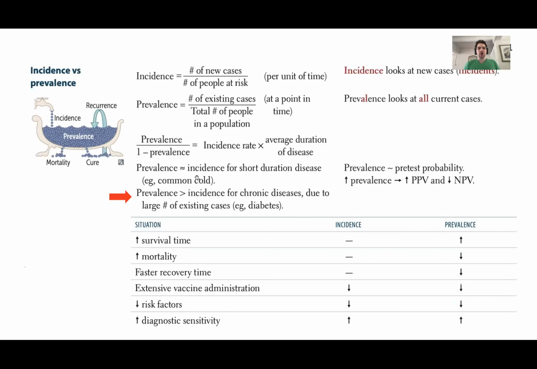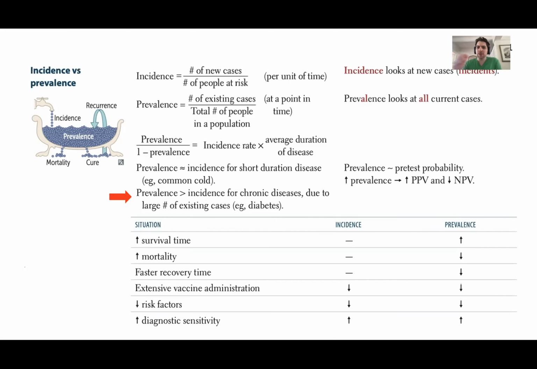Now, one of the situations you can have, this is important. So make sure y'all look at this little table because they ask about these individual situations. The more chronic a disease is, the more prevalent it'll be, right? Because people will live long with the disease, so prevalence will be greater than the incidence. If they equal each other, people are dying off.